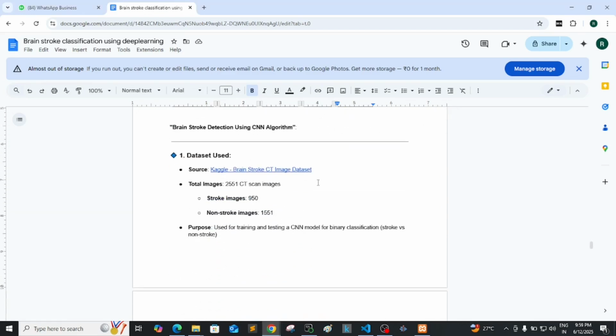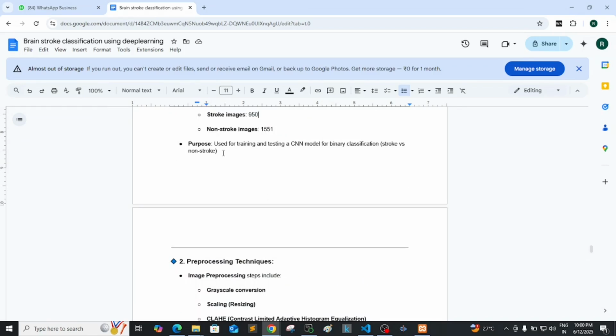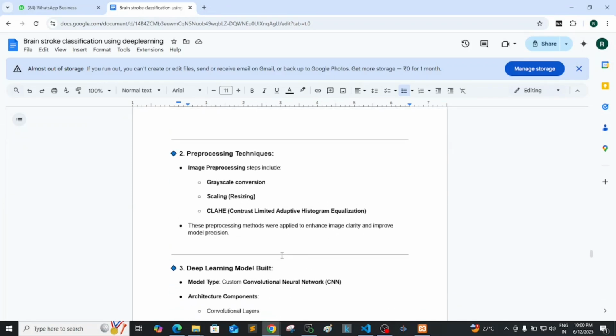You can see here CT scan images, 2551 images are there, and 950 go to stroke, and non-stroke 1551. Exactly the same dataset we are using. Okay, they are using custom CNN models for stroke versus no stroke. And then under pre-processing techniques, actually they mention this. Okay, Grayscale, resizing, and CLAHE.